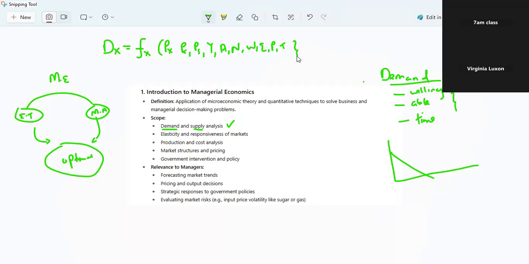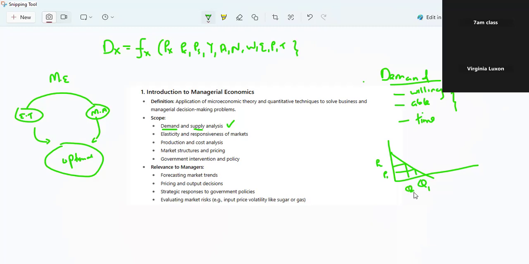We also must understand that demand has a law that governs it. Do you know of the law that governs demand? The law demands that if you increase price from P1 to P2, the quantity demanded will decrease from Q1 to Q2.